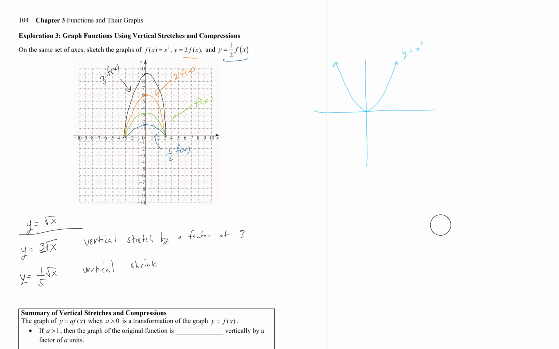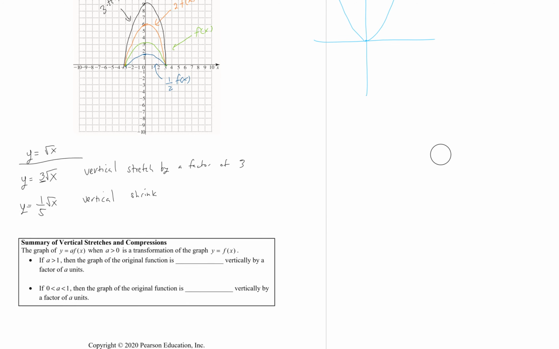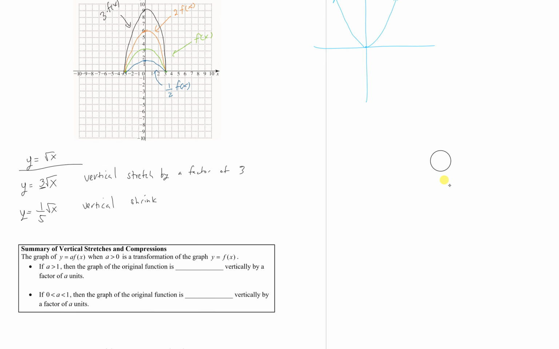So if this factor a is bigger than 1, then the graph is going to stretch vertically. And since they're using the word compression, if the number is between 0 and 1, like 0.1 or 1 over 2, some fraction, then it's going to compress or shrink vertically, however you want to look at it.